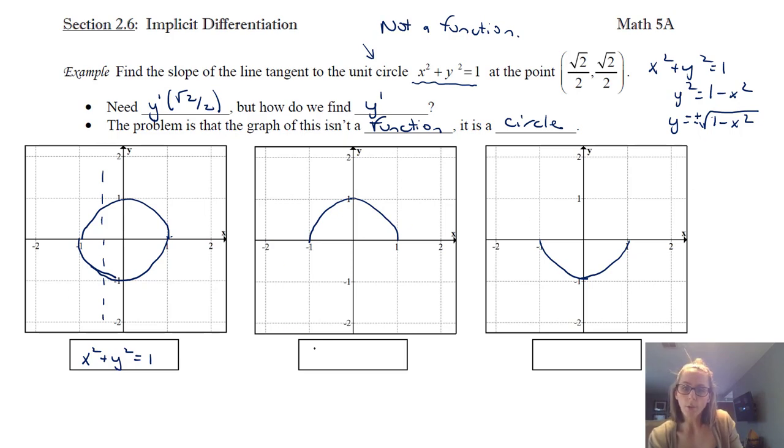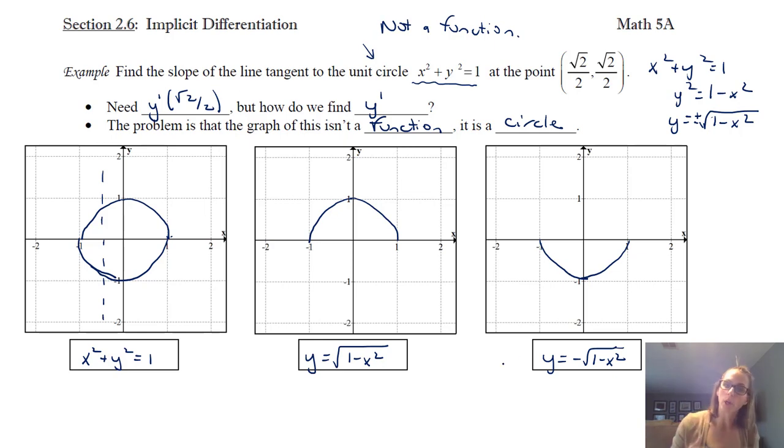So when we look at the top half of the circle, that's when y is the square root of 1 minus x squared, because the square root of anything in our case is what kind of number? Positive. The bottom half of the circle, where all the y values are negative, would be the negative square root of 1 minus x squared.